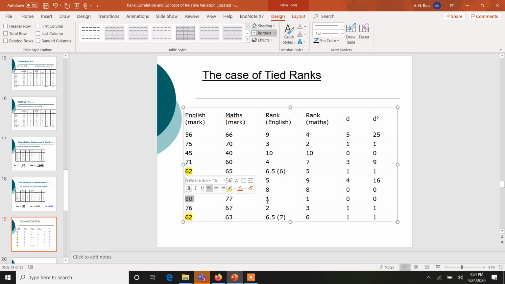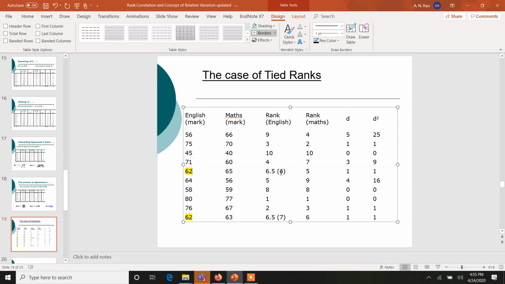Just for the sake of clarity, I repeat once again. Highest value 80, rank is 1. Next highest 76, rank is 2. Next highest 75, rank is 3. Next highest 71, rank is 4. Next highest 64, rank is 5. Now the next highest is 62, but it's being repeated.